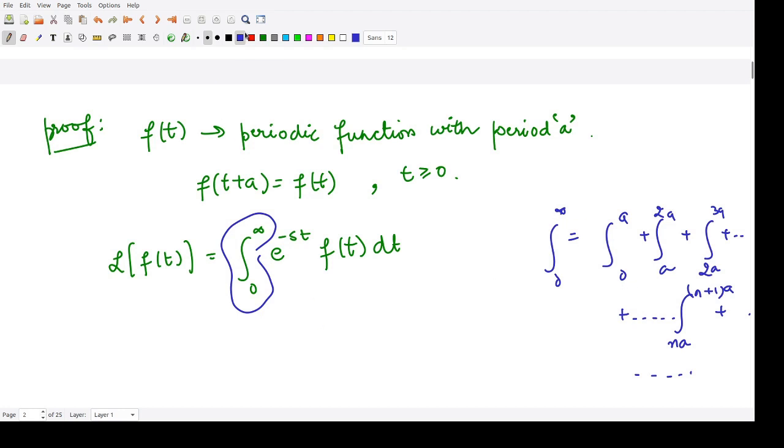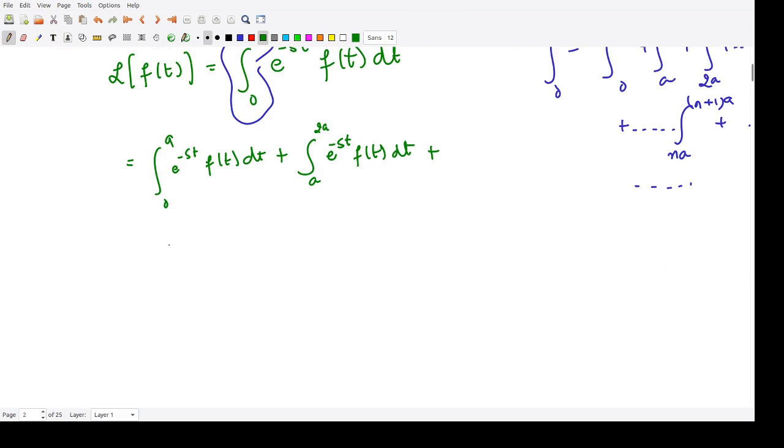So we are breaking this whole integral as integration 0 to a e to the power minus st f of t dt, and then integration from a to 2a e to the power minus st f of t dt, plus integration from 2a to 3a e to the power minus st f of t dt, and so on.